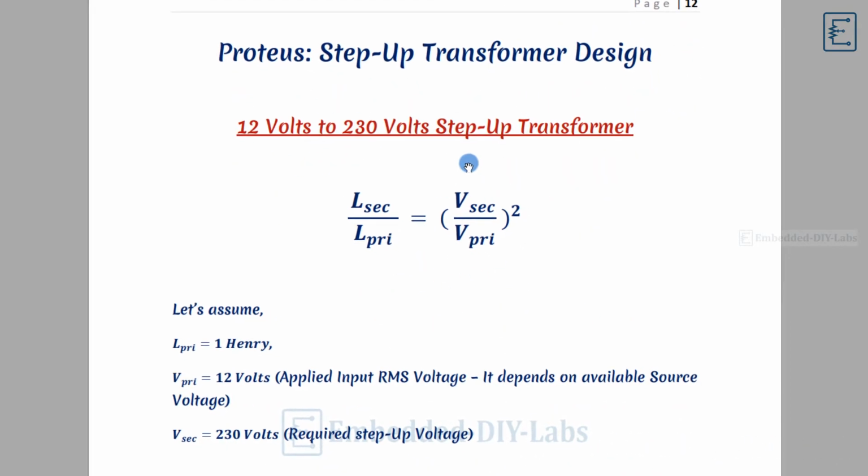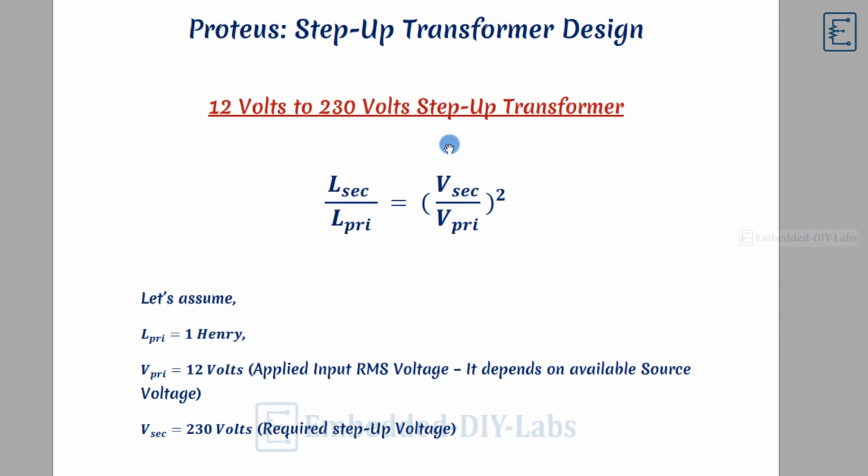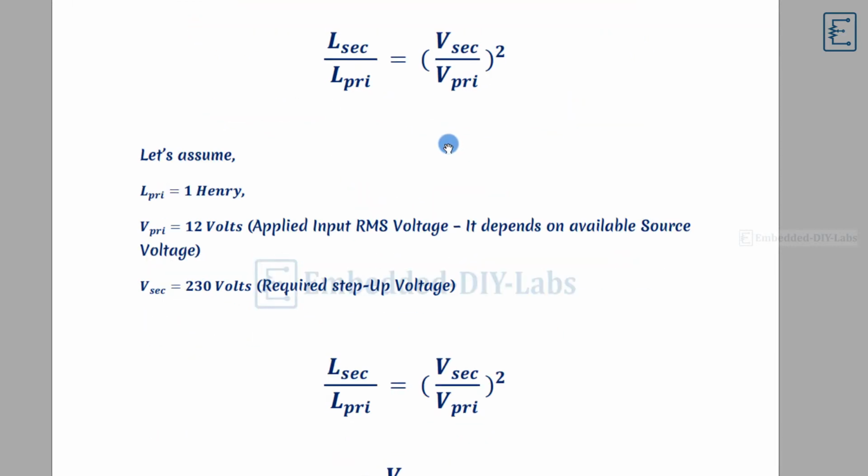Next we will see the step up transformer design in Proteus, a 12 volts to 230 volts step up transformer. In this, let's assume primary inductance as 1 Henry, primary input voltage is 12 volts, then the secondary step up voltage required is 230 volts.